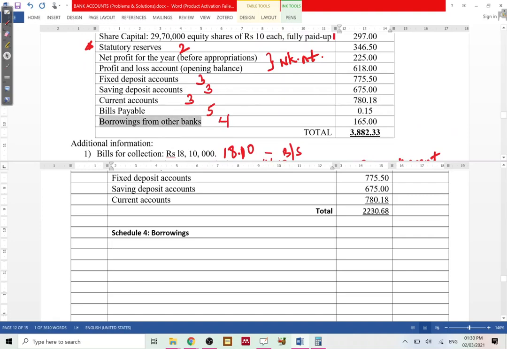and under borrowings we have borrowings from other banks. This is the only amount. Amount is 165. I'll highlight this because there is no other amount that is to be added. And then is schedule 5, which is other liabilities and provisions.